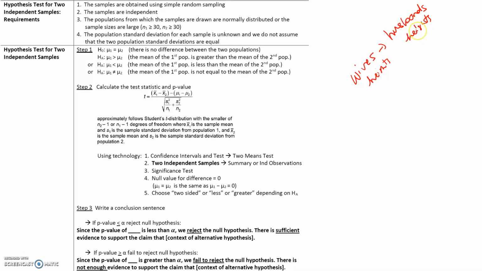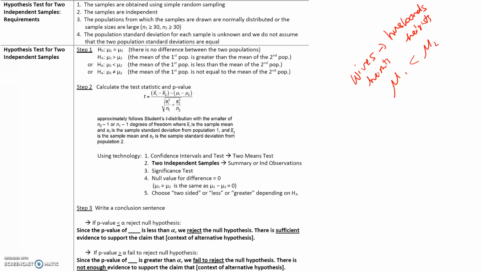Typically, husbands are taller than wives. So we would expect in that case that mu1, the population mean of wives, is less than mu2, population mean of husbands. So in this case, we are comparing the two populations, the means of the two populations.